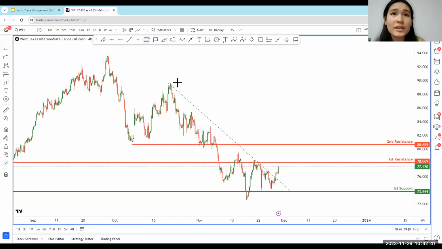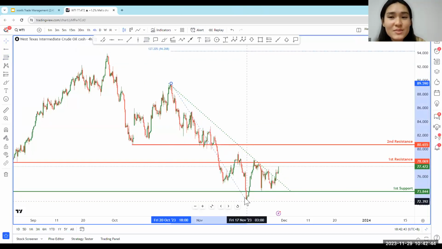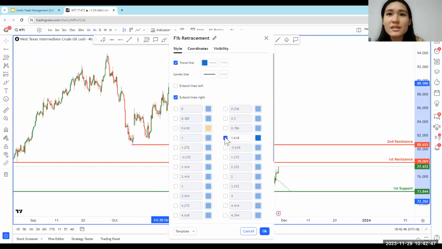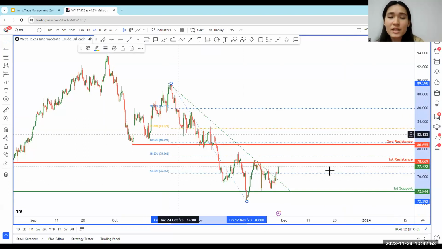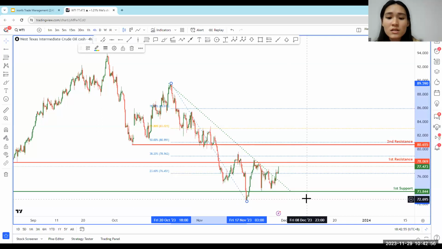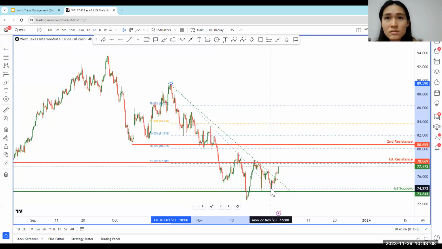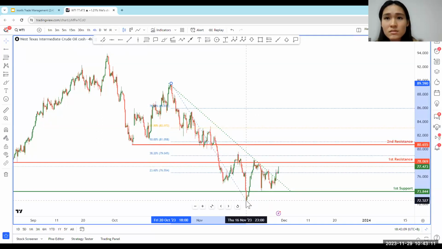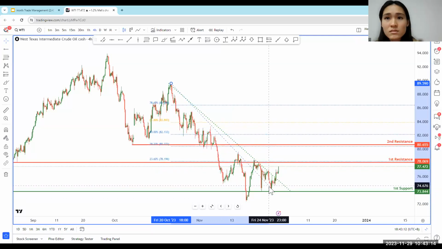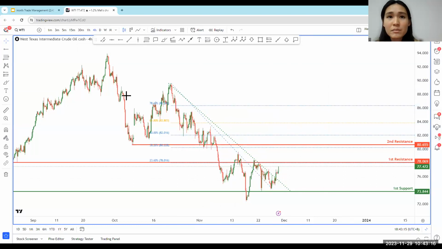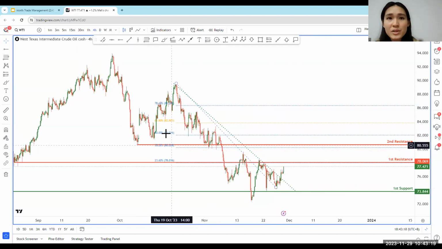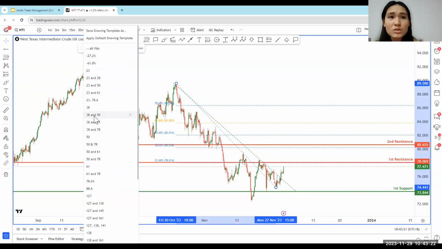Firstly is my retracement. My 50% lines up, and my 23.6 as well as 38.2 line up. So let's just keep those.